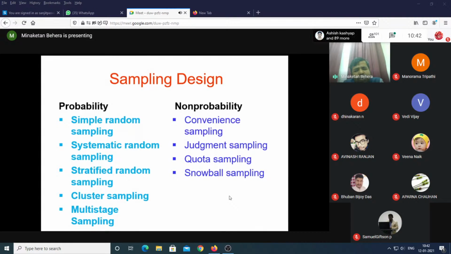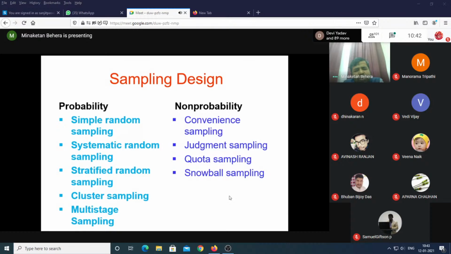So this is the general idea of probability sampling. Remember the condition: in probability sampling, there is always less chance of personal bias and less chance of error. I hope everyone knows this, but many students ask whether they can apply only one.